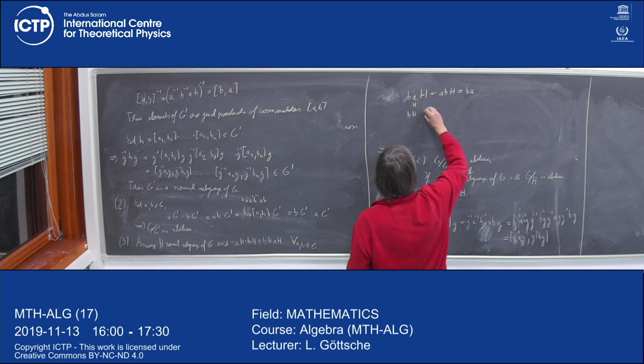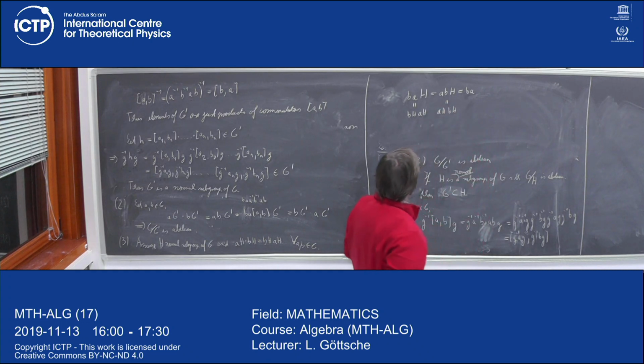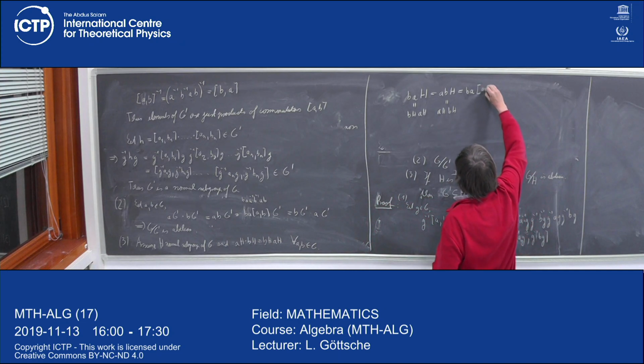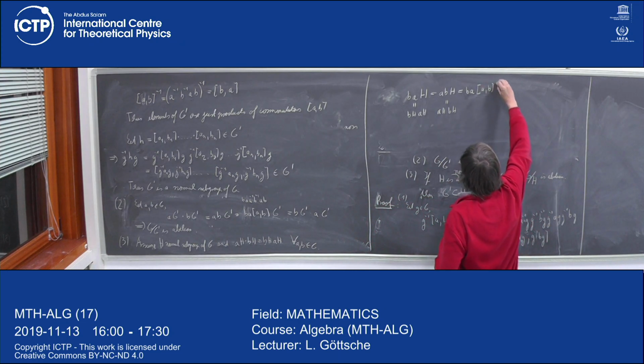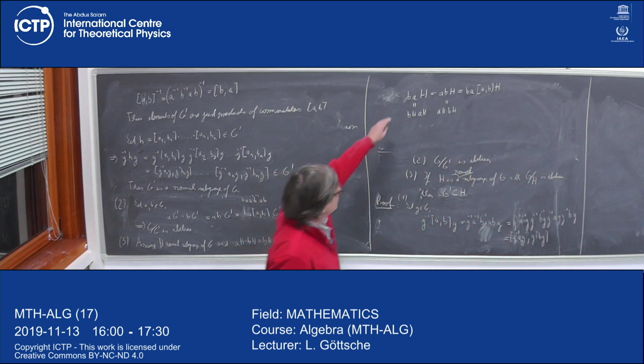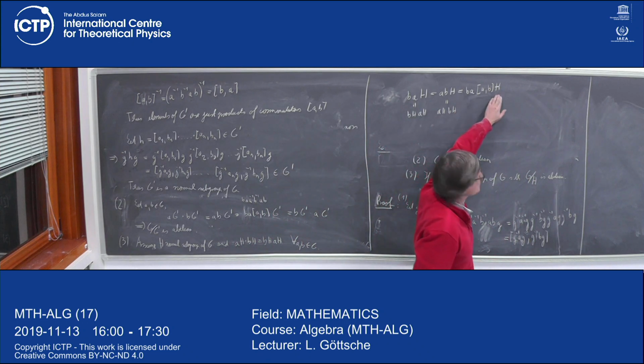BH times AH is equal to AH times BH, and we know that these two are supposed to be equal. So this is BA times, by what we just wrote, AB H. But if BAH is equal to BA times this times H, this means that this thing must be in H.